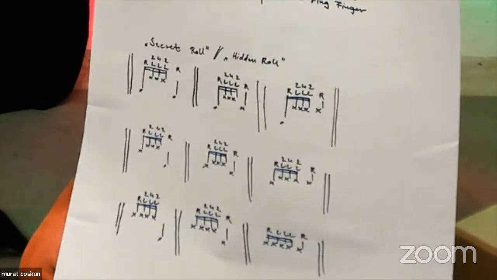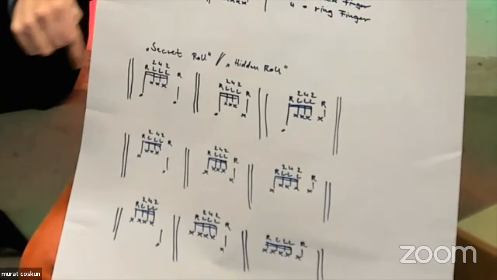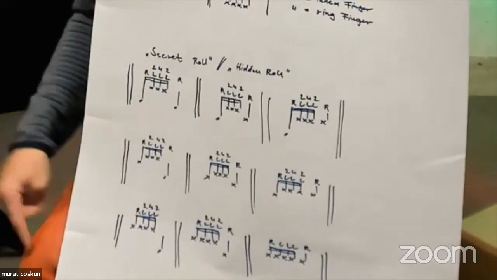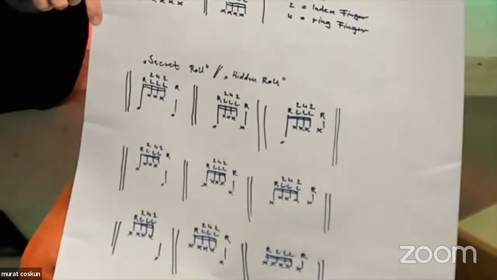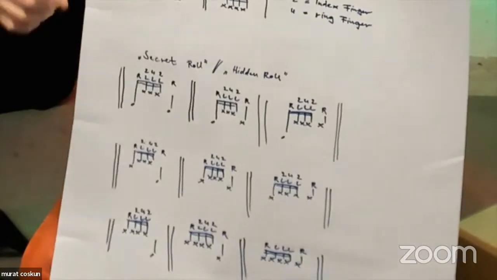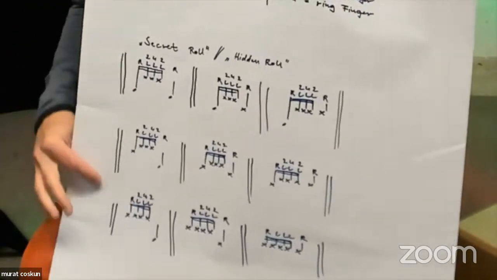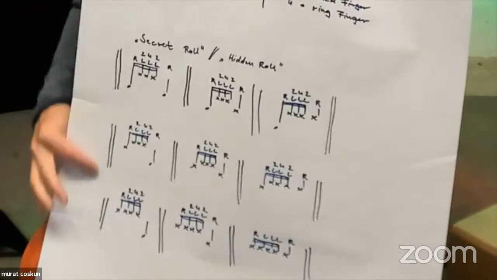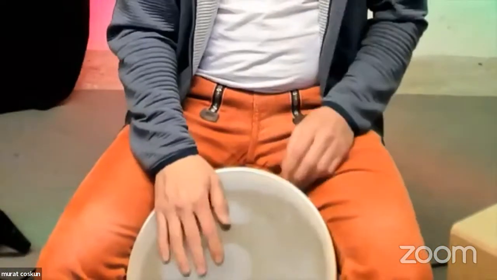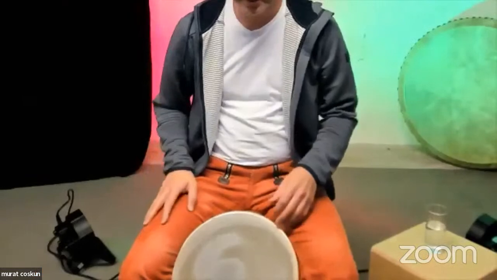So you want to be able to roll from doom to doom, from doom to pa, from doom to ta, from pa to doom, from pa to pa, from pa to ta, and so on. So that's why there are nine basic exercises here. So maybe let's put that paper away, and I show you a little bit more what's happening here.